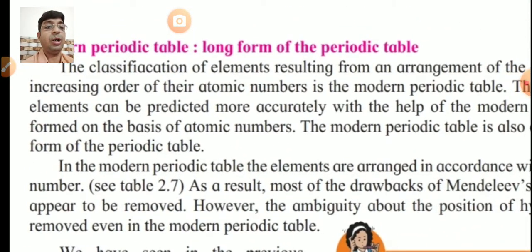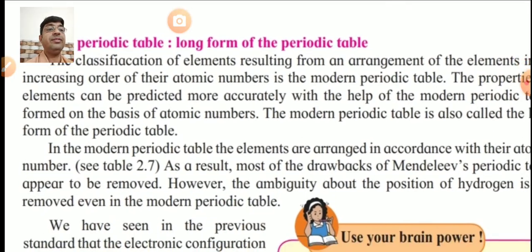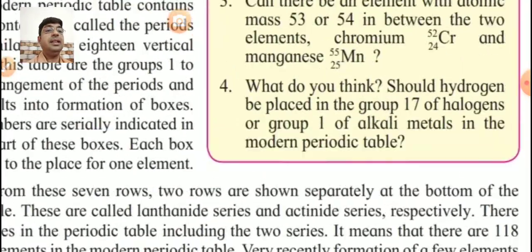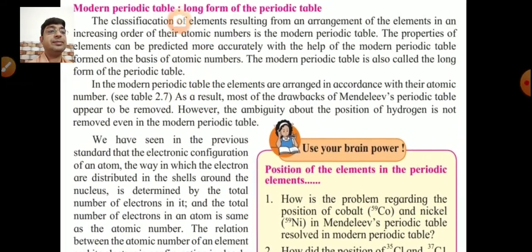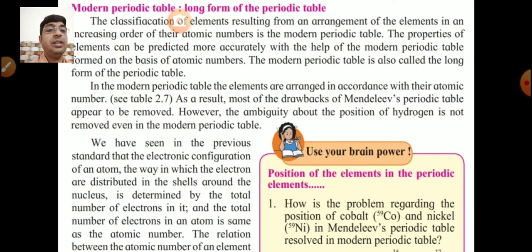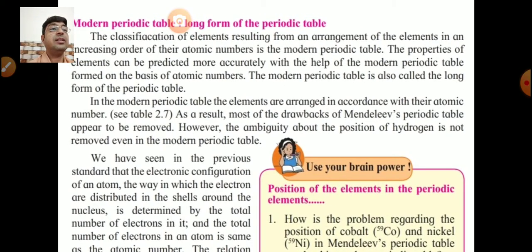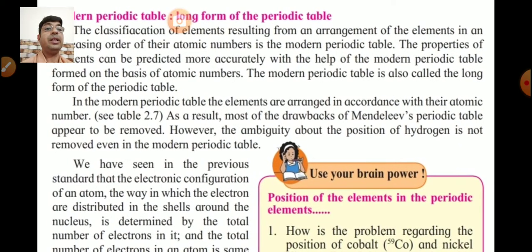Now, the modern periodic table is also called the long form of the periodic table. The classification of elements resulting from an arrangement of elements in increasing order of their atomic numbers is the modern periodic table. The properties of elements can be predicted more accurately with the help of the modern periodic table formed on the basis of atomic numbers.